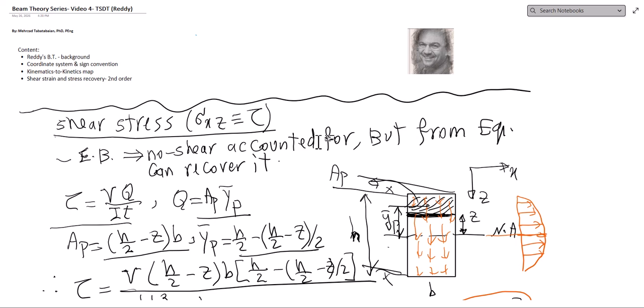With some variation of a variable, let's say n, we can recover Euler-Bernoulli, Timoshenko, Reddy's, or even higher if we want. That is interesting, and that is the subject for the next video, video 5.